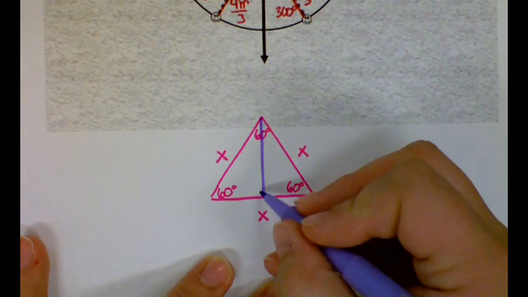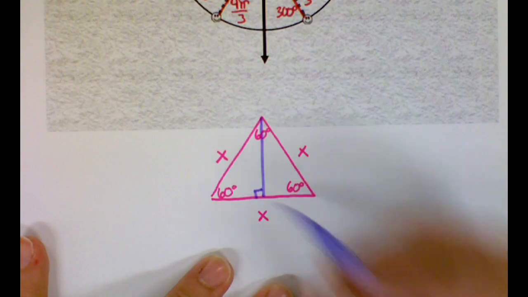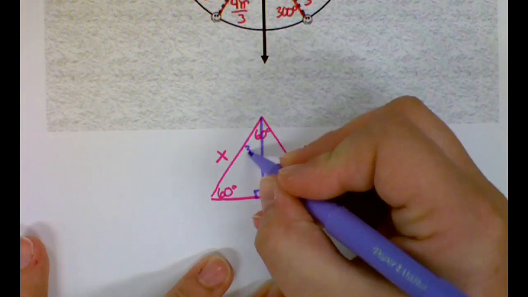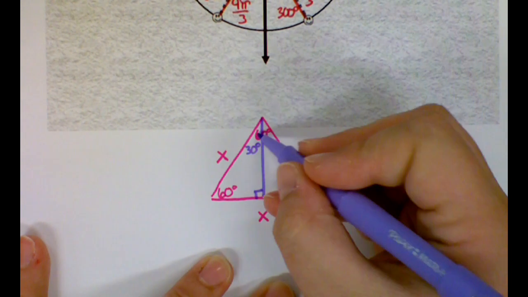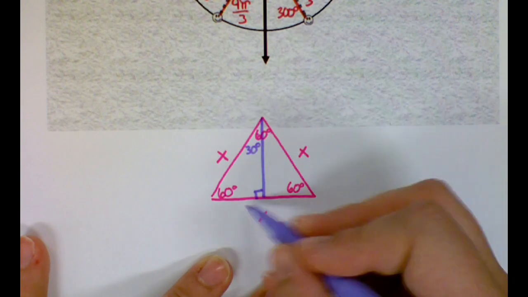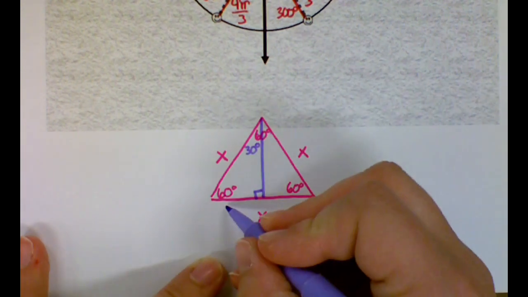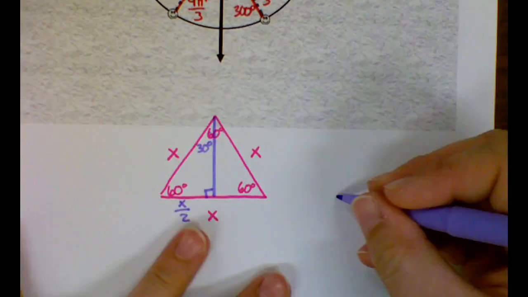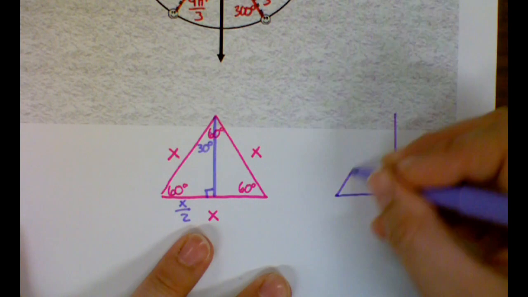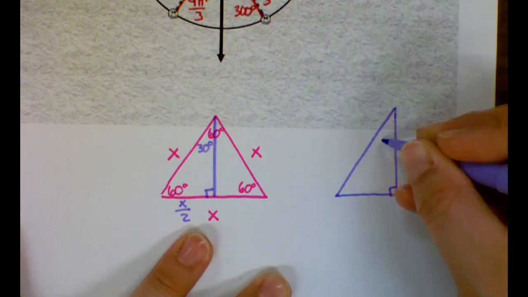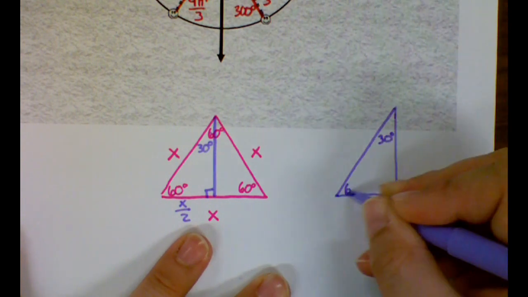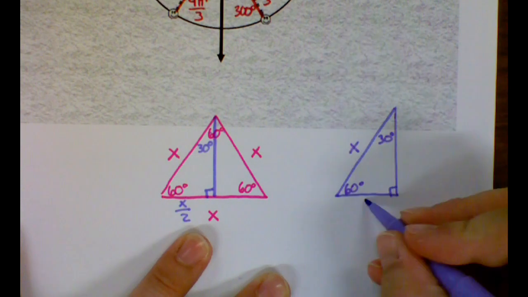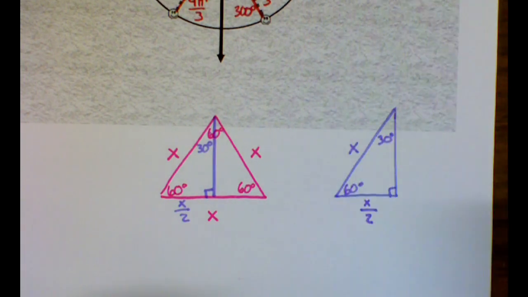And because of the way this works, if I make a right triangle there, 60 and 30 degrees. Well, I cut this angle in half, which means I cut this side in half. So this is x divided by 2. So now I'm rocking this triangle. I'll draw slightly again. 30 degrees, 60 degrees, x, and x divided by 2.